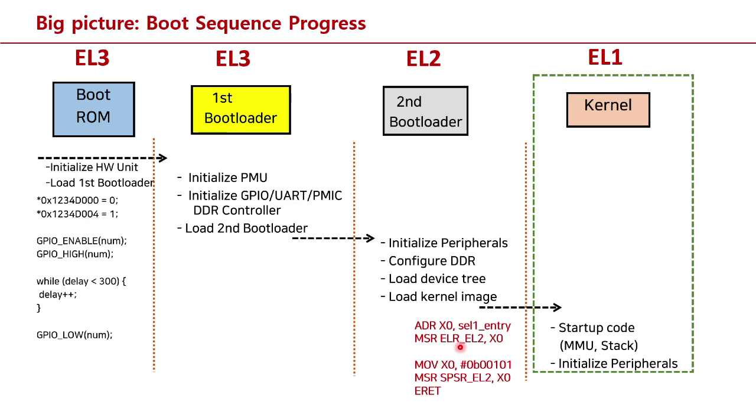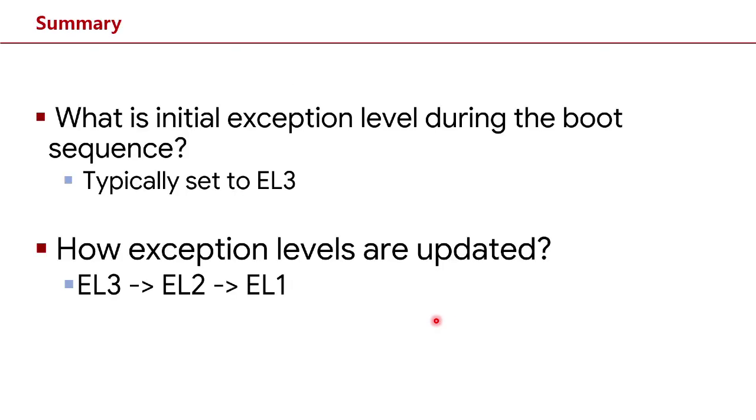So here is the example assembly instruction to set the current exception level as exception level 1. Based on the requirements of your project, the assembly routine can be customized depending on the features or requirements of your project. Now let's summarize how the exception level can be used during the boot sequence.